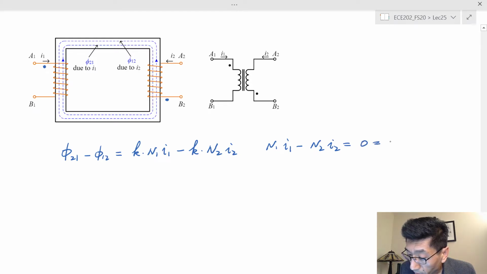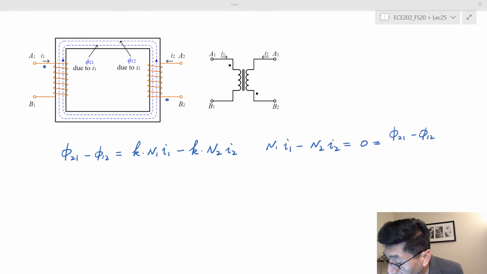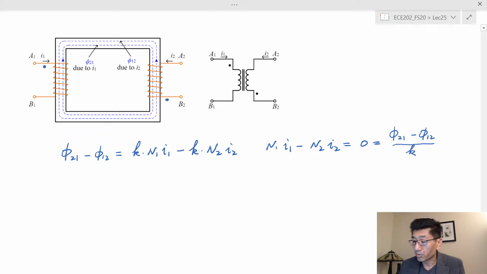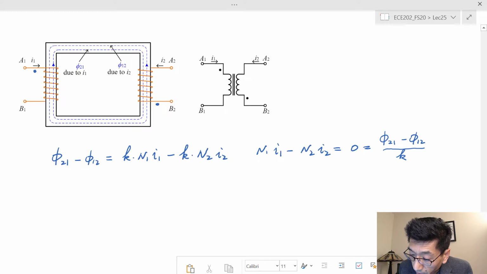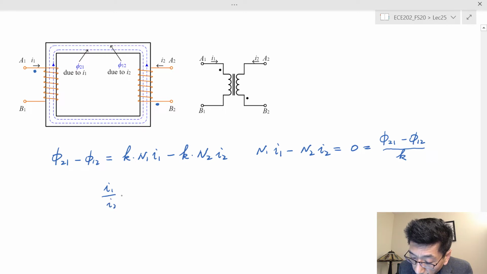That's 0 because that's (phi 2 1 minus phi 1 2) divided by k, which is equal to 0, right? So therefore, for this one here, the current ratio is I1 over I2 equal to N2 over N1.